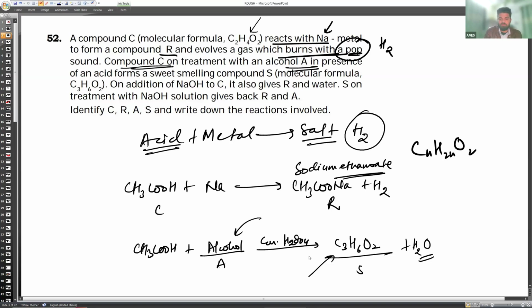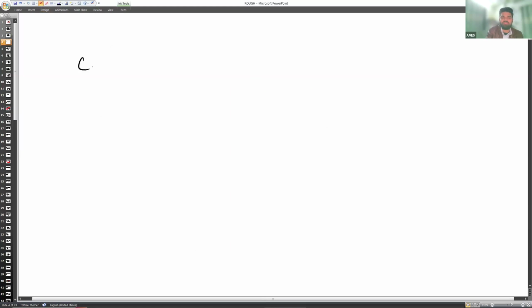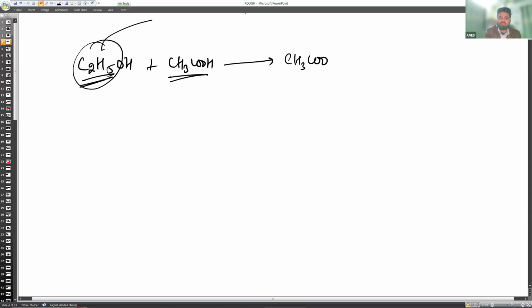Let me explain. When an ester is formed, let's say you have C2H5OH. If it is ethanol, when it reacts with carboxylic acid, CH3COOH, ethanoic acid, a 2-carbon carboxylic acid, it will give you CH3COO, and this portion will be attached here, C2H5.